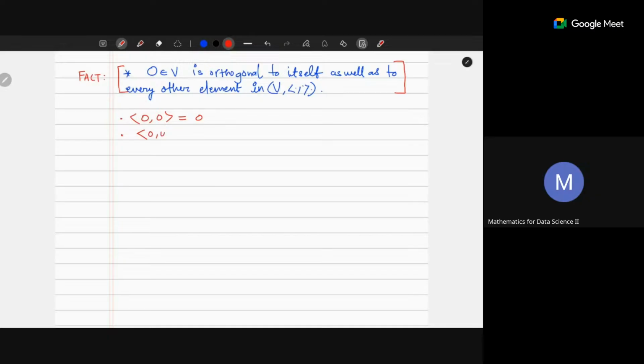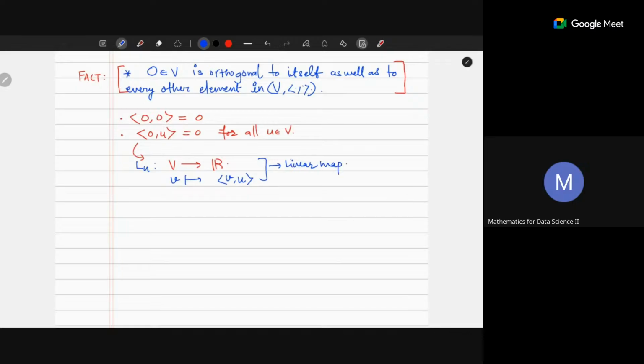Now to prove that 0, comma u is 0 for all u in V, we need to define a linear map from V to R, which we call L_u. It takes v and maps it to v comma u. You can check it is a linear map because of the linearity at the first coordinate.